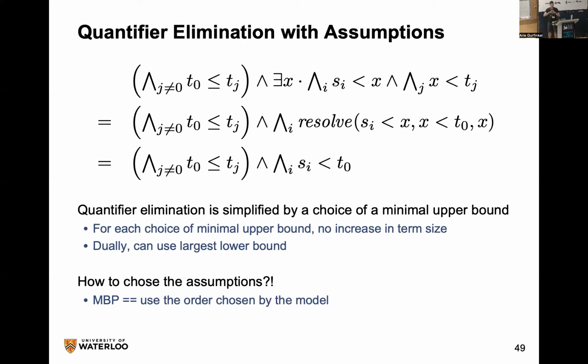What if I take all of my upper bounds, and in any particular model, there's always going to be the smallest upper bound. So say I make an assumption that T0 is the smallest upper bound. Then now all I have to do is to say, well, it's the smallest upper bound. That's n constraints. And then every S is lower than that particular upper bound.